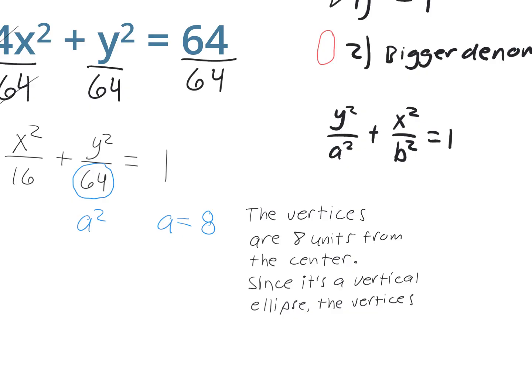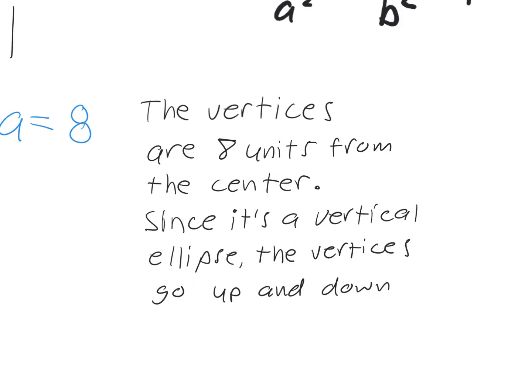So that means I'm going to have one at the very top, and another vertex at the very bottom. So the vertices are 8 units from the center. And since it's vertical, we're going to go up and down. So from the center, I'm going to go 8 units up and then 8 units down. All right, I'll zoom in so that we can see that.